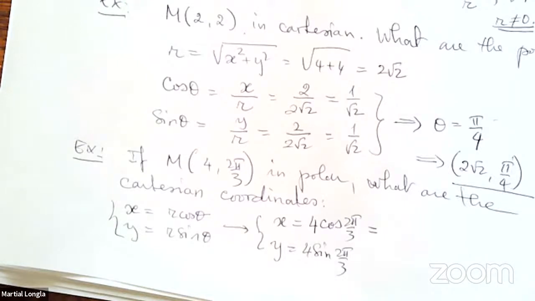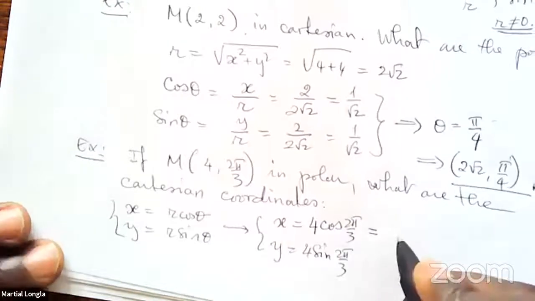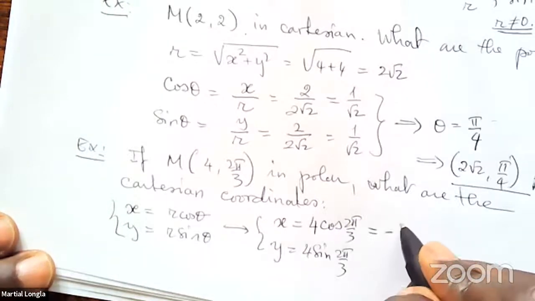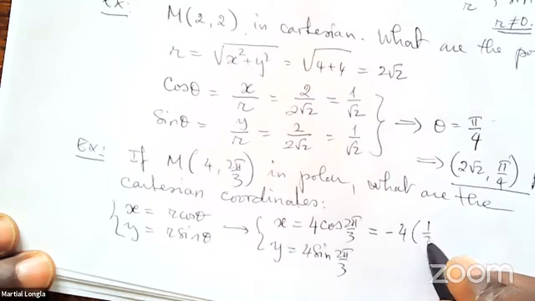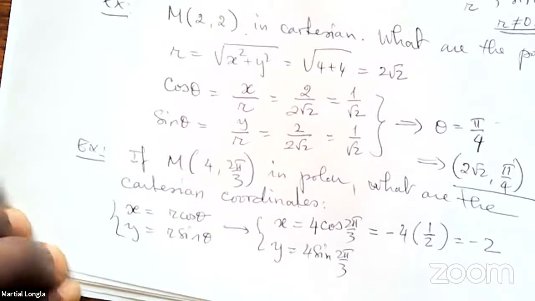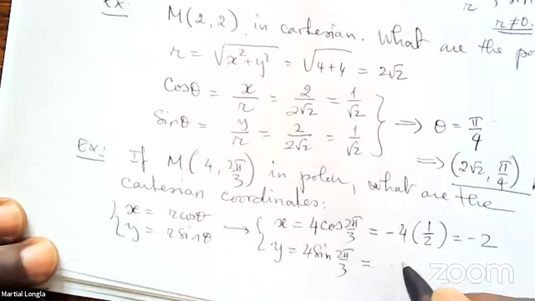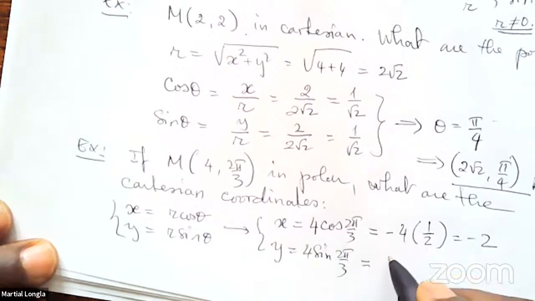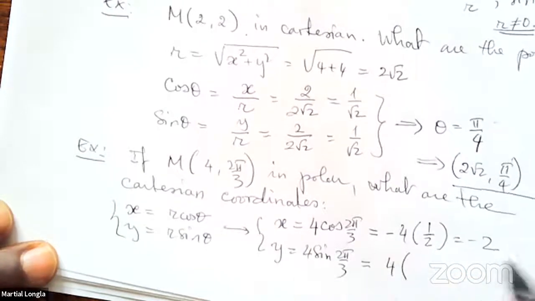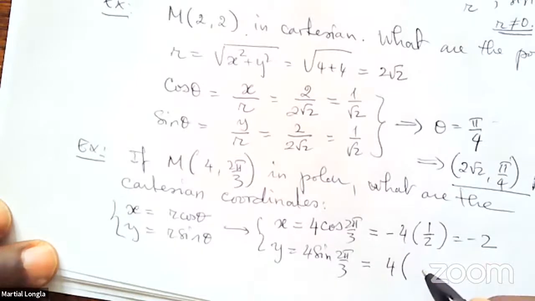That's the opposite of cosine of pi over 3. And the cosine of pi over 3 is 1/2, so that's minus 4 times 1/2, so that's minus 2. And here sine of 2 pi over 3 is positive, so that's 4 times sine of pi over 3.